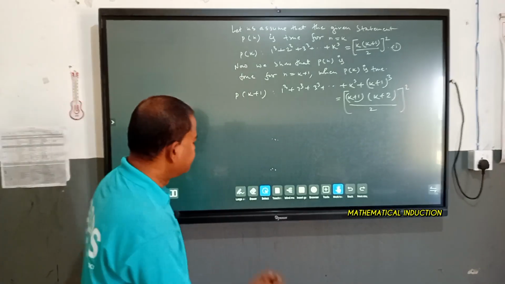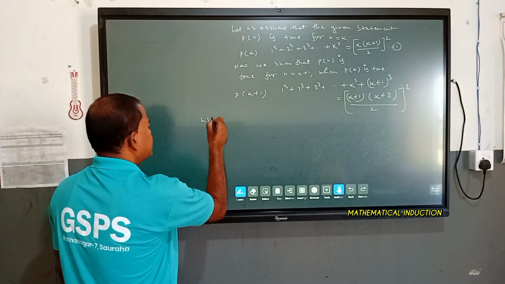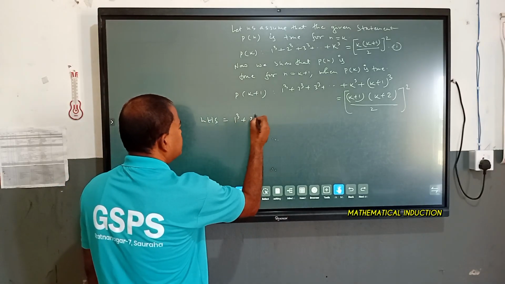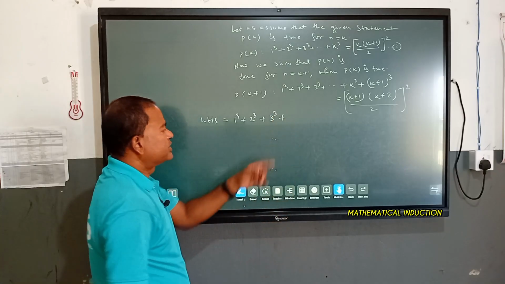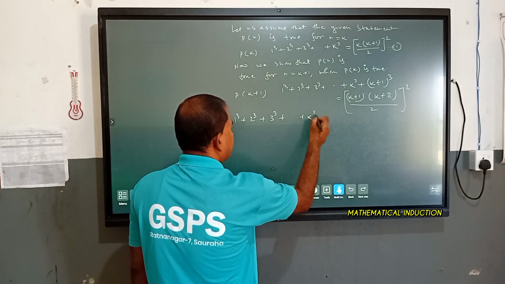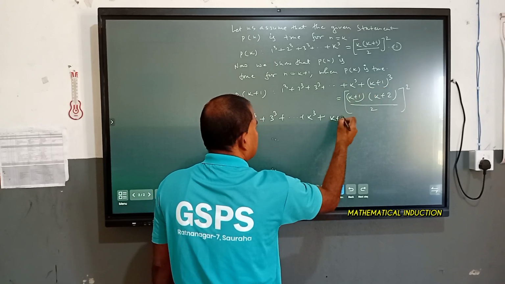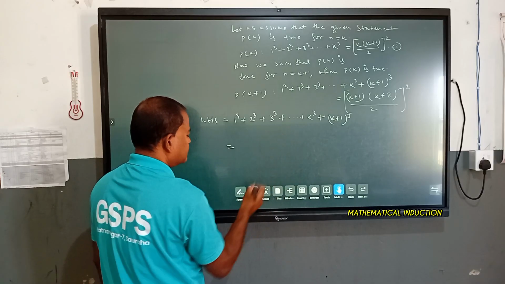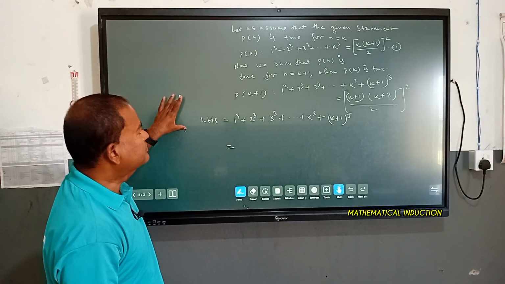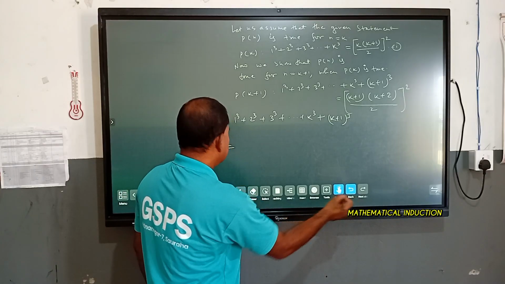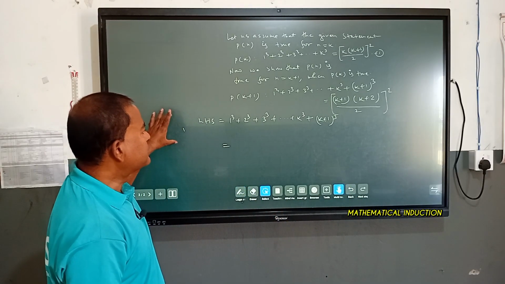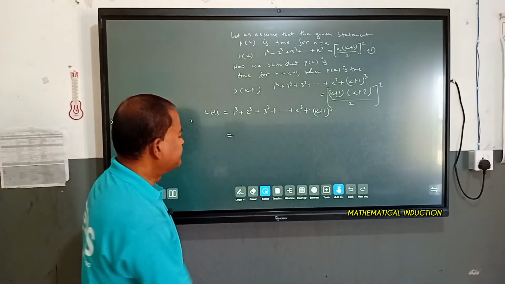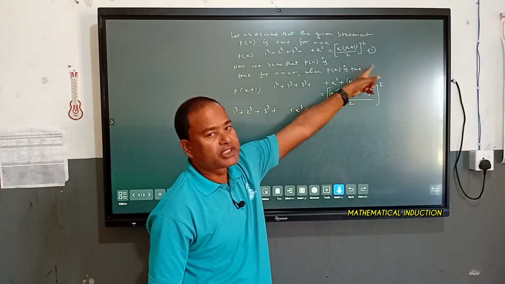So let's take LHS. LHS is equal to 1³ + 2³ + 3³ + ... + k³ + (k+1) whole cube. So dear students, now we are going to prove that LHS is equal to RHS by using the first equation.